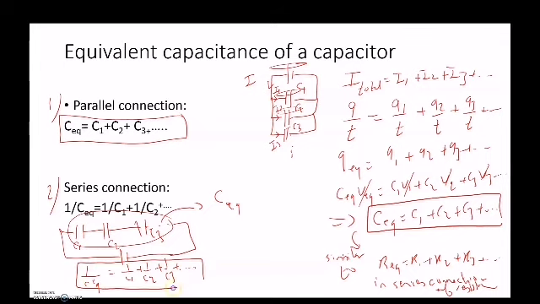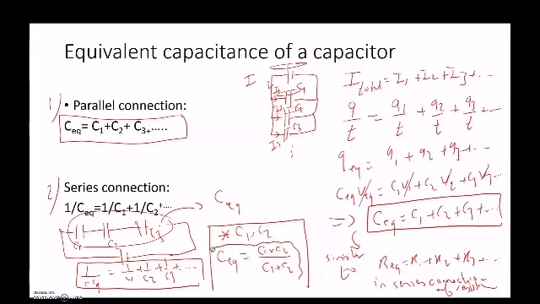And this is similar to the parallel connection of resistors. A special case: in series connection, if we have two capacitors, C1 and C2 only, we can say that C equivalent equals C1 times C2 divided by C1 plus C2.